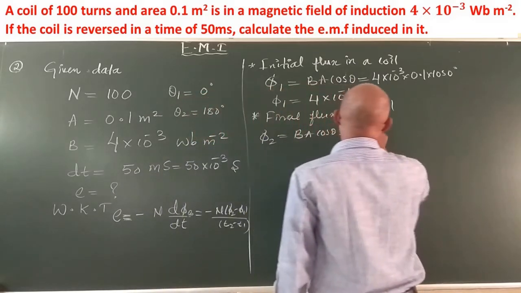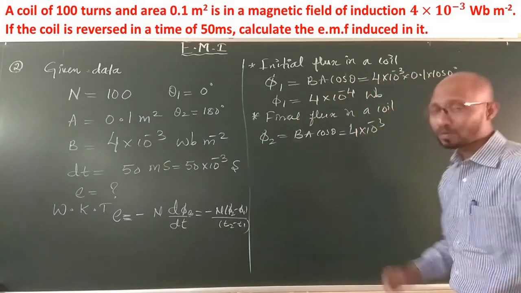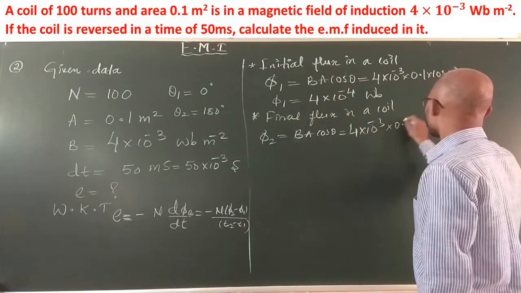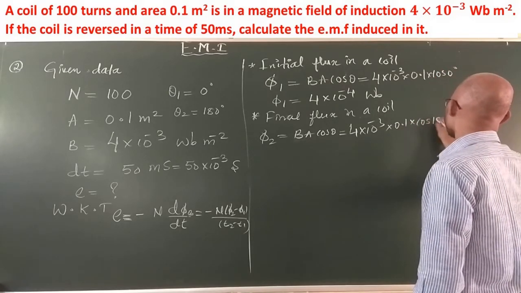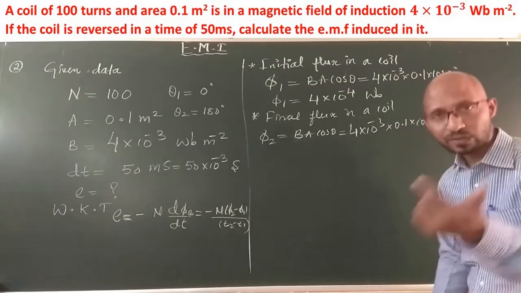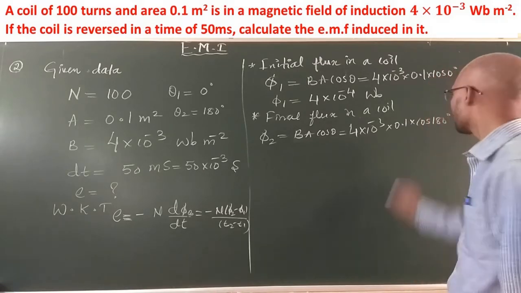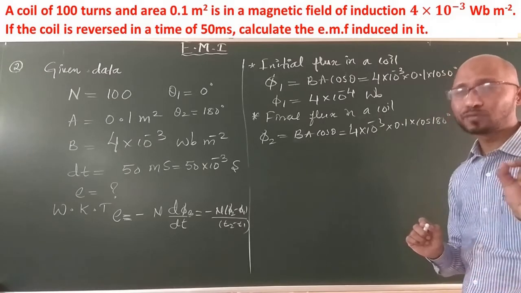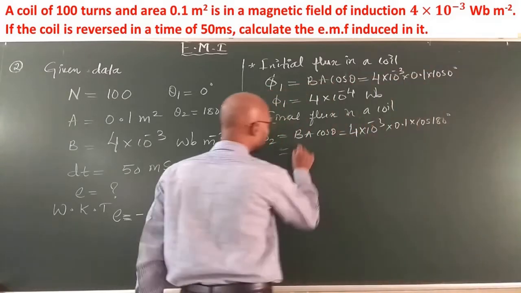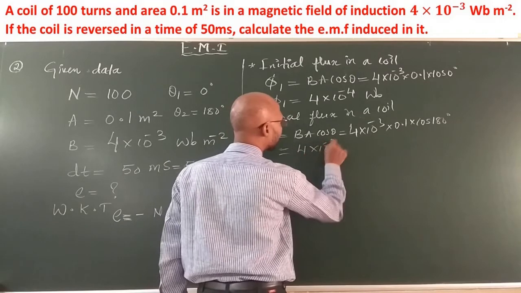The magnetic field strength is 4 into 10 raised to minus 3. The area is 0.1. Now the angle is 180 degrees, since reverse is mentioned. If the coil is reversed, it means 180 degrees. The value of cos 180 is minus 1. Now I write down the value as 4 into 10 raised to minus 3.